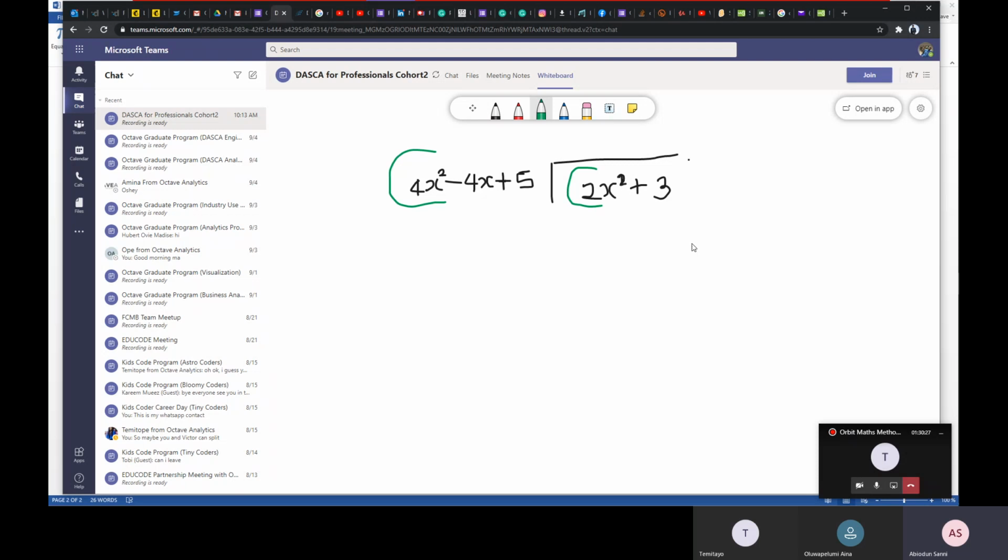So what is 2x squared divided by 4x squared? x squared cancels x squared, 2 over 4, that's 1 over 2, right?